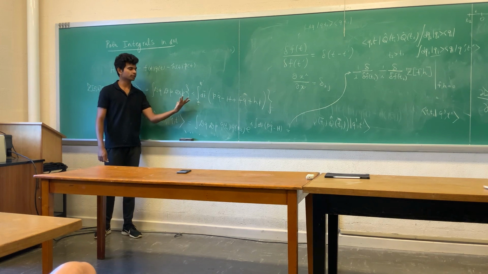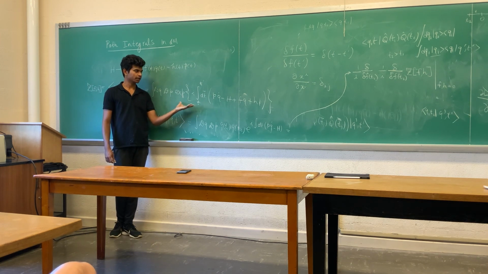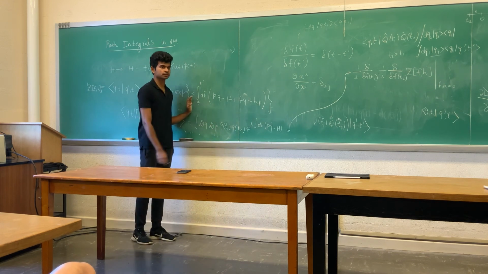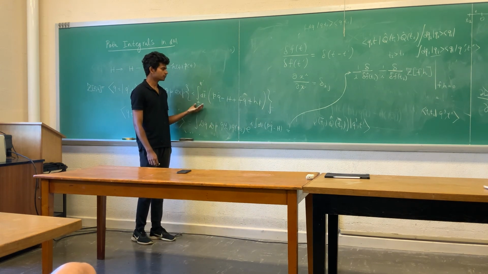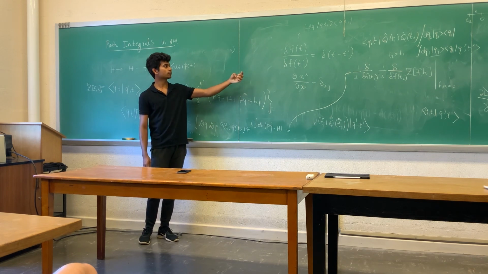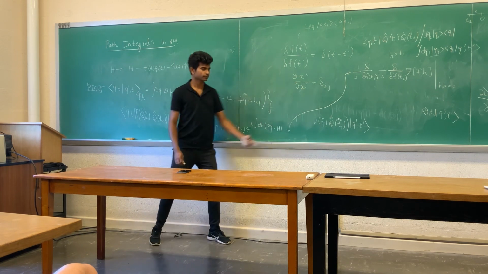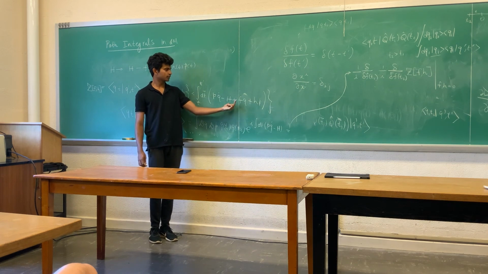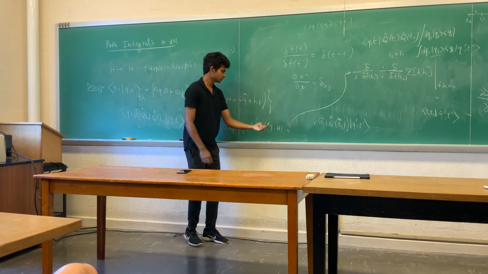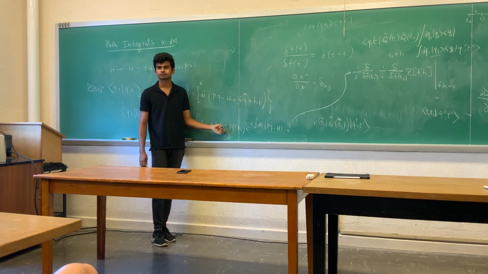I get the exponential like this, and you take the derivative of whatever is inside the exponential. When you differentiate f of t with f of t1, I get a delta function, which when integrated over will give q of t1.